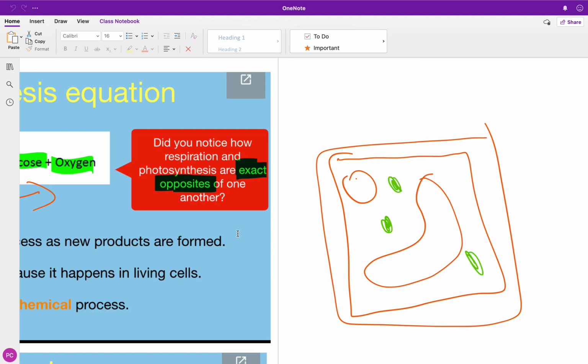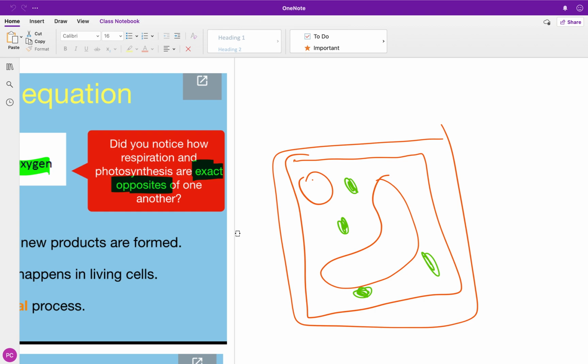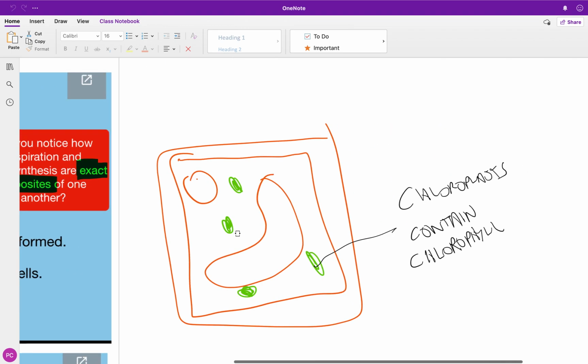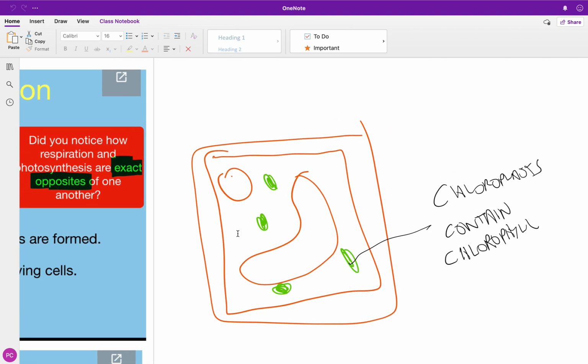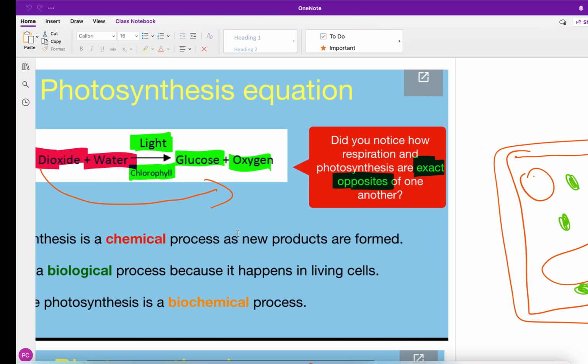And what they are are chloroplasts, and they contain a chemical pigment, green stuff called chlorophyll. So inside a cell you have chloroplasts and they contain chlorophyll.